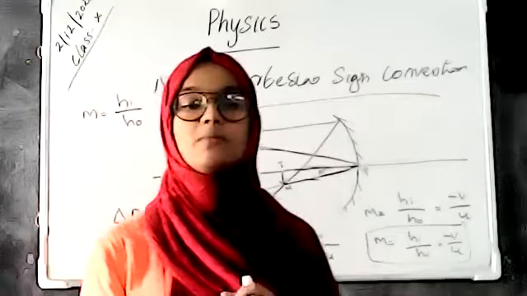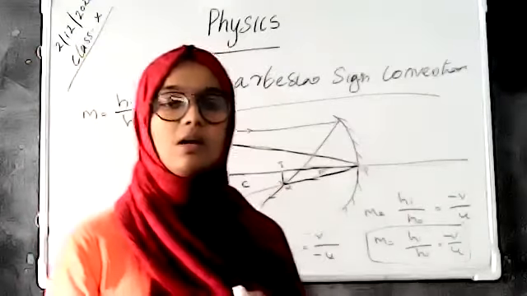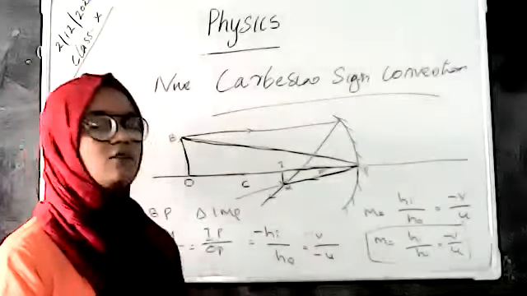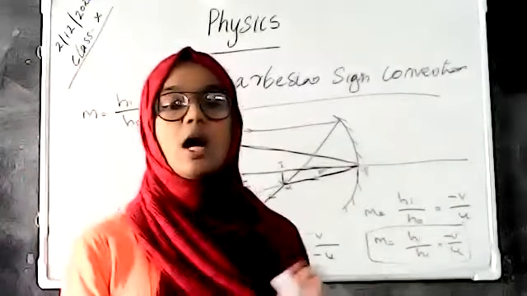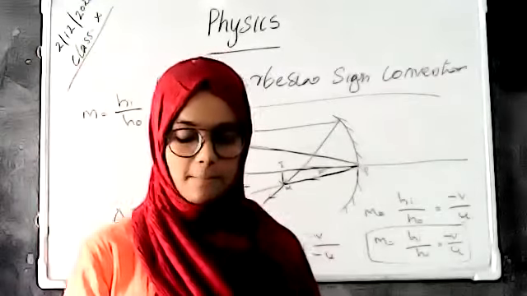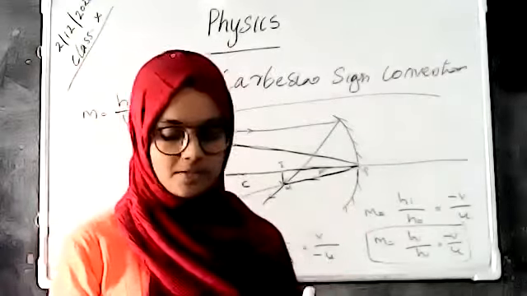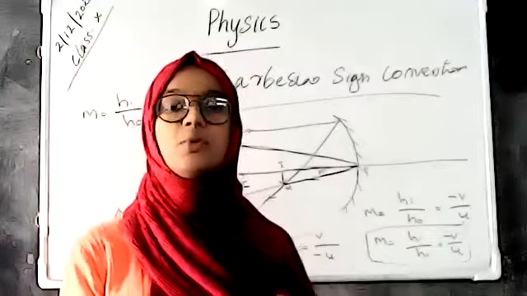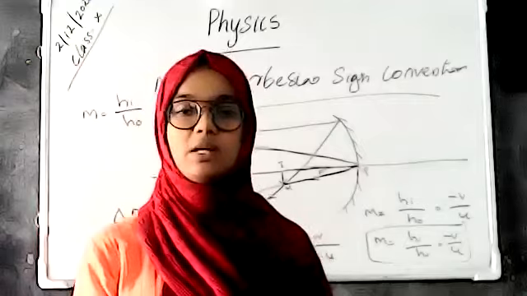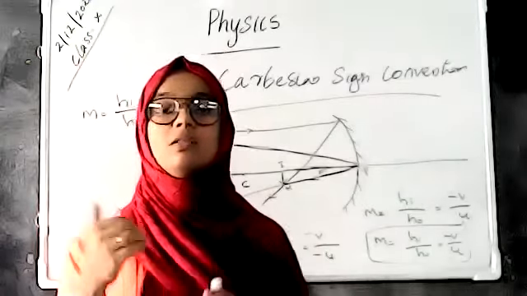The problems we will discuss through our WhatsApp group, and this is the magnification and height relation. I think all of you understand what the magnification of an object is and how we can use the new Cartesian sign convention with different types of mirrors.